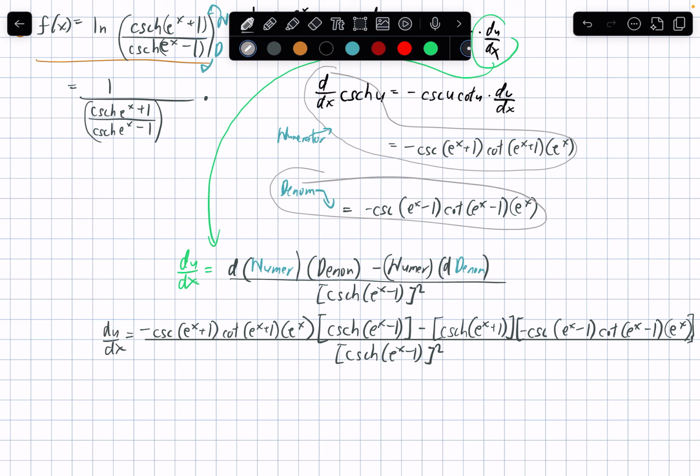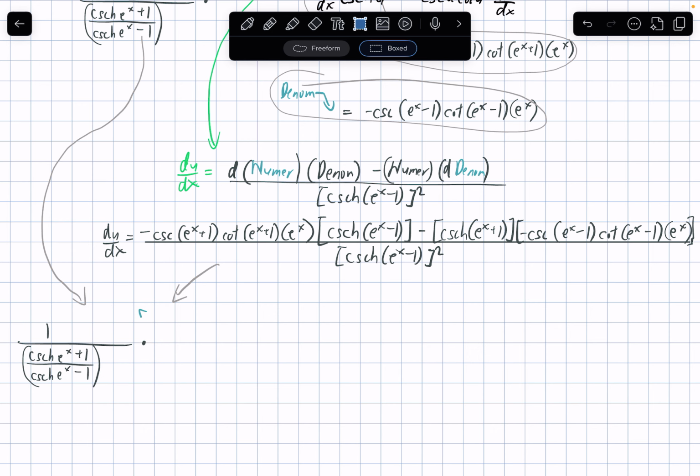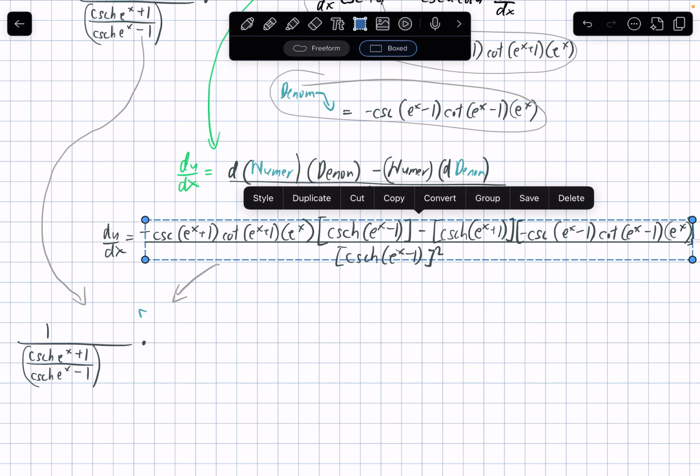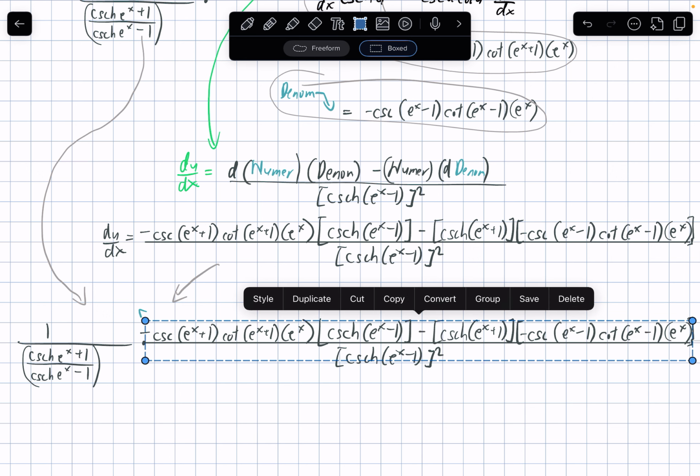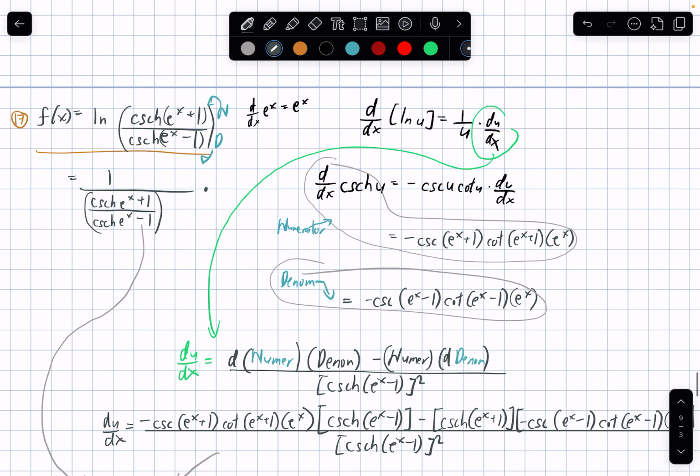Now, if you wanna start multiplying them already, this is what it's supposed to look like. Yeah. All we have to do left is just simplify.